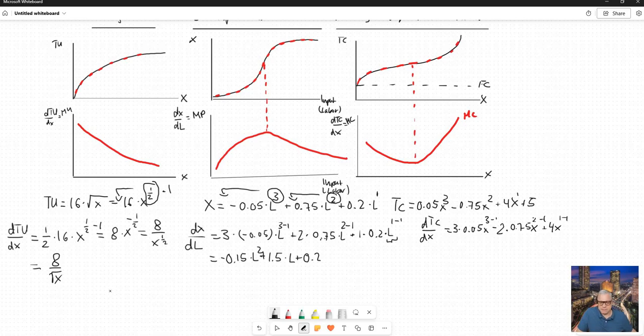And the 5 doesn't have an x, so there's nothing we can derive, so that becomes a 0.